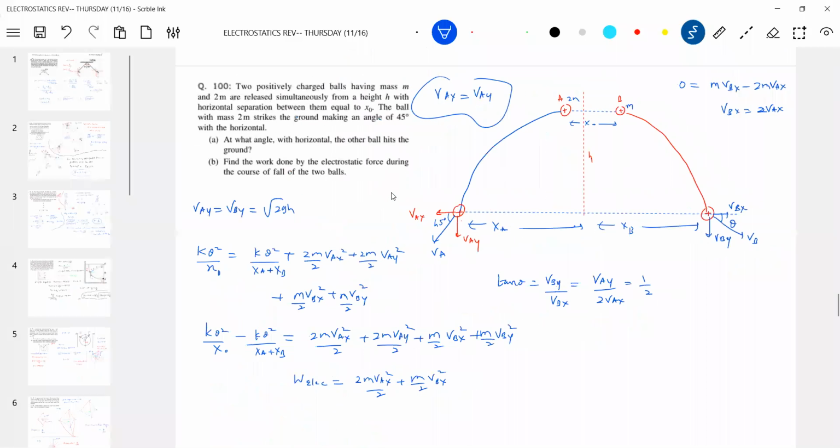So you did not take the gravitational potential energy into account, no, sir? Find the work done by electrostatic force. Sir, in the mechanical energy conservation. Oh, I didn't bring it. Then I'll do one thing.